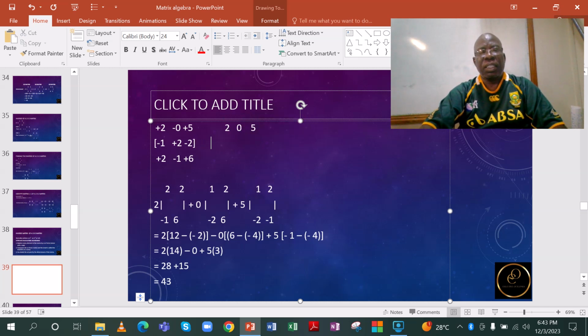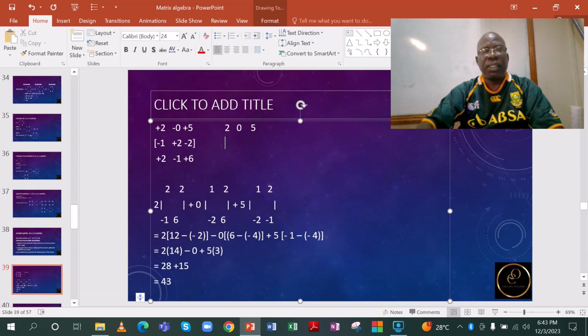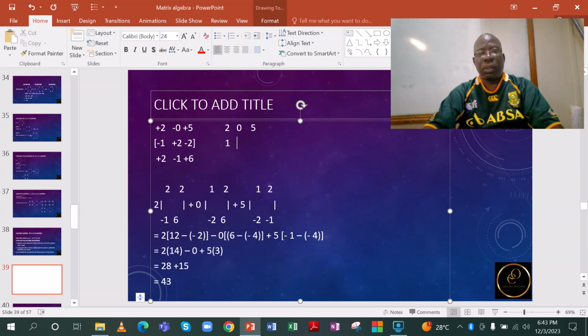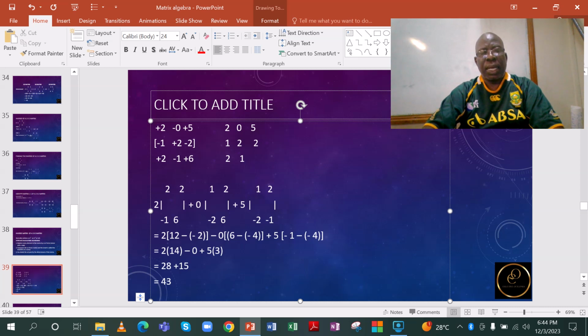Here it has 1, 2, and again 2. Then it has 2, 1, and 6.